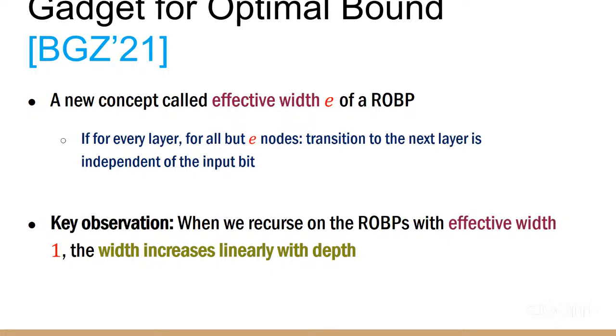This is what differentiates read-once Boolean formulas from branching programs. In branching programs, we can construct programs with effective width 1, so that in recursion the width increases linearly instead of exponentially. That's why we can construct gadgets like majority with effective width 1.